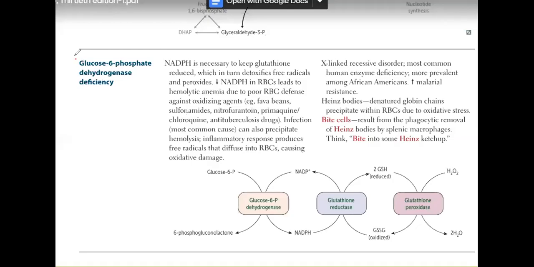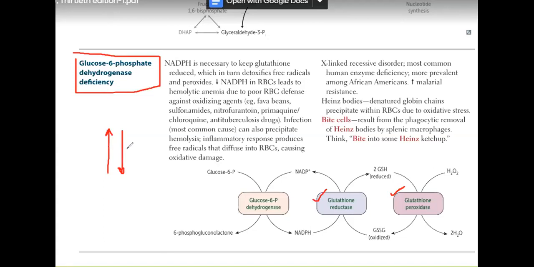Okay, so now you see, this is this pathway. We have these glutathiones. Okay, so you see glutathione reductase and glutathione peroxidase. So this is glucose 6 phosphate dehydrogenase deficiency, and we see glucose 6 phosphate dehydrogenase in your steps to glycolysis and in your steps to gluconeogenesis.